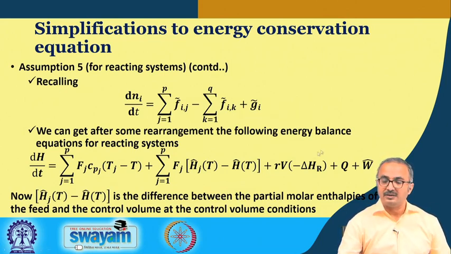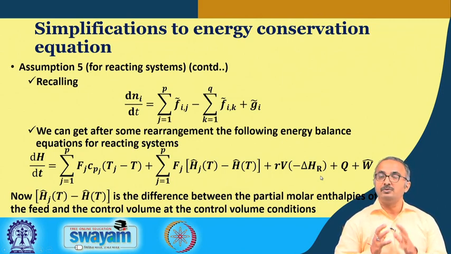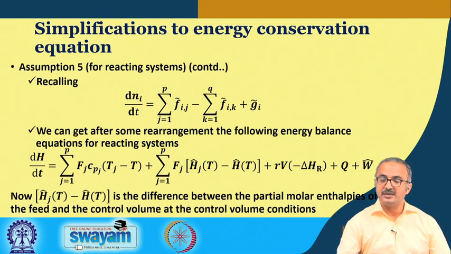So, this whole term signifies the total amount of energy change due to the heat of reaction, and the rest of the things are as usual: the heat interaction due to conduction and radiation, and the work due to expansion and the shaft work.